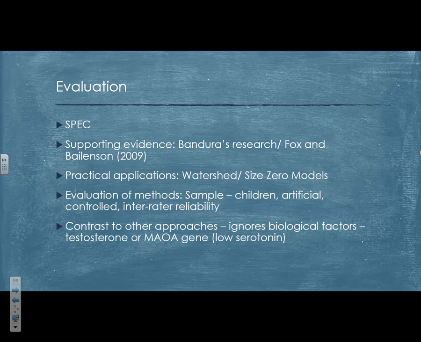So if we have a faulty gene that leads to low levels of serotonin, social learning theory cannot explain why some people, it shouldn't matter, it's all about their environment and who they can observe. It shouldn't matter whether they have high or low testosterone or a faulty MAOA gene or not.